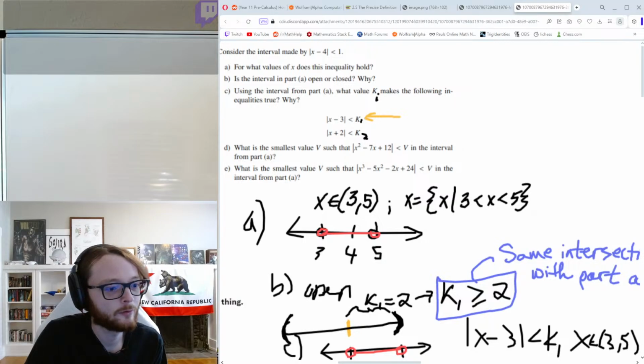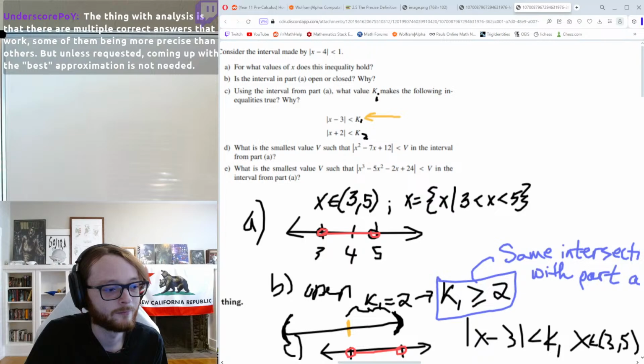There are multiple correct answers that work, being more precise than others. Yeah, underscore, that's true.